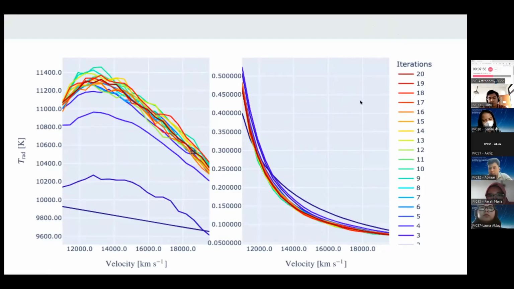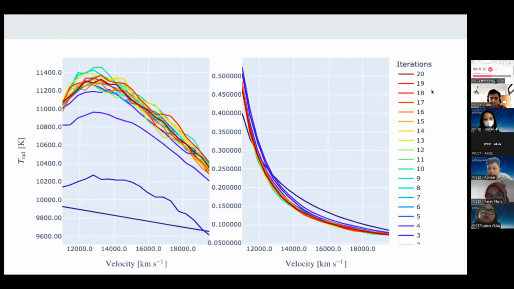Each line represents an iteration, and it went from left to right, each shell, and then it predicts the next temperature and the next velocity. And the right graph is the convergence rate versus velocity.